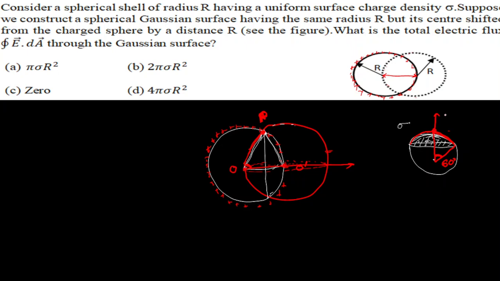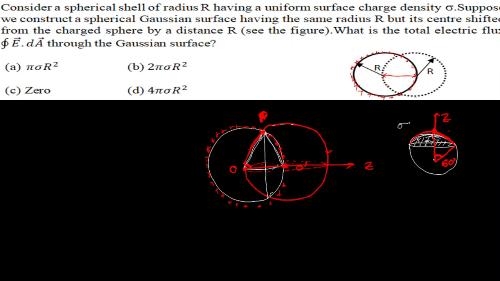At this point theta will be 0 because that is the z axis, and then we increase the value of theta like this. When it comes to this point, it will be 60 degrees. And since it's a spherical cap, we have to calculate the limit of phi. The limit of phi will be 0 to 2 pi.